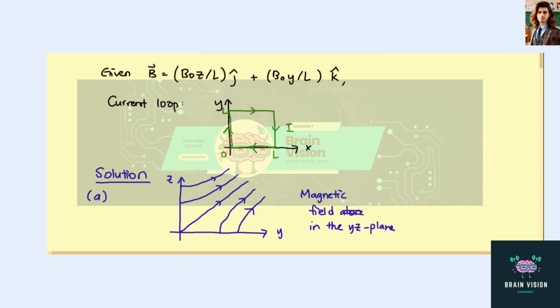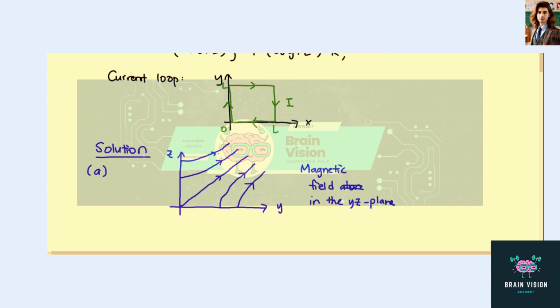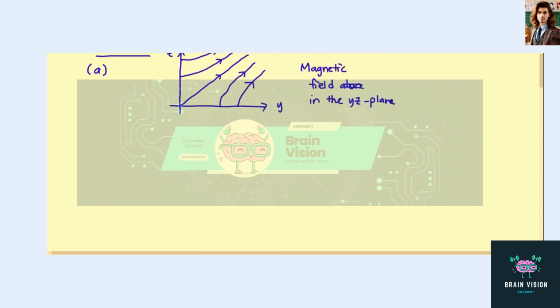Now in part B, we want to find the magnetic force on each side of the current loop. Let me draw the current loop again.